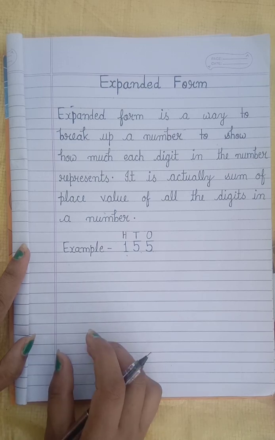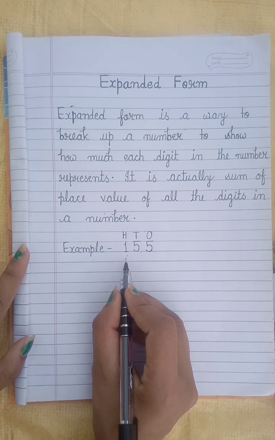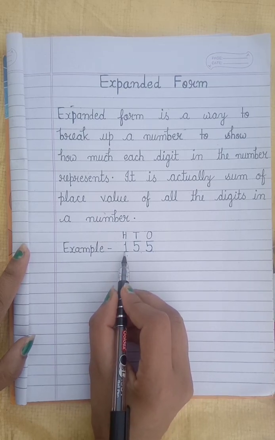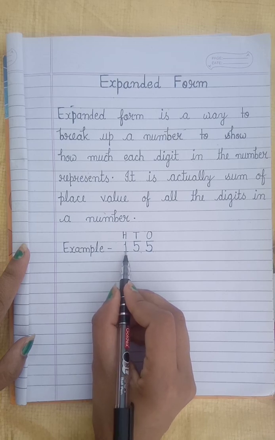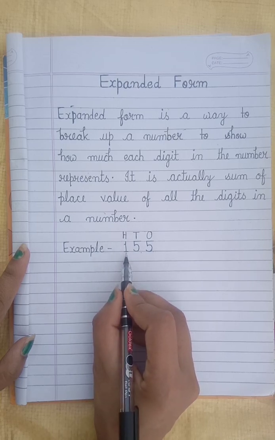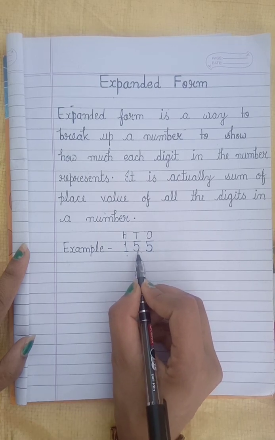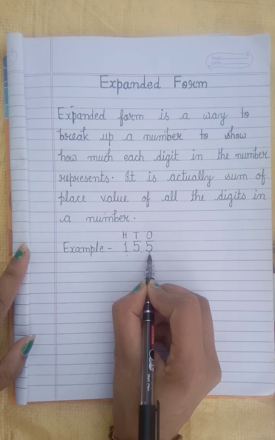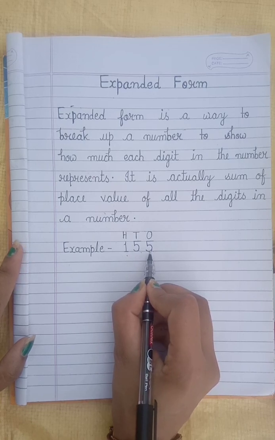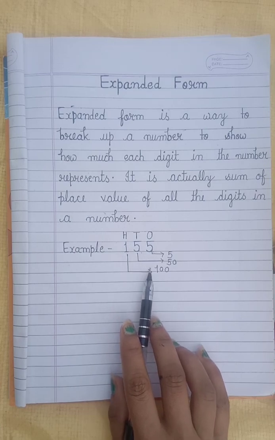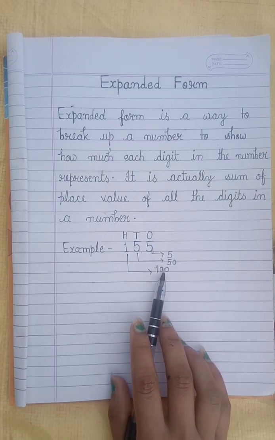For example, the place value of 1 here is 100, because 1 is at hundreds place. And 5 is at tens place, so its place value will be 50. And the second 5 is at ones place, so its place value will be 5.